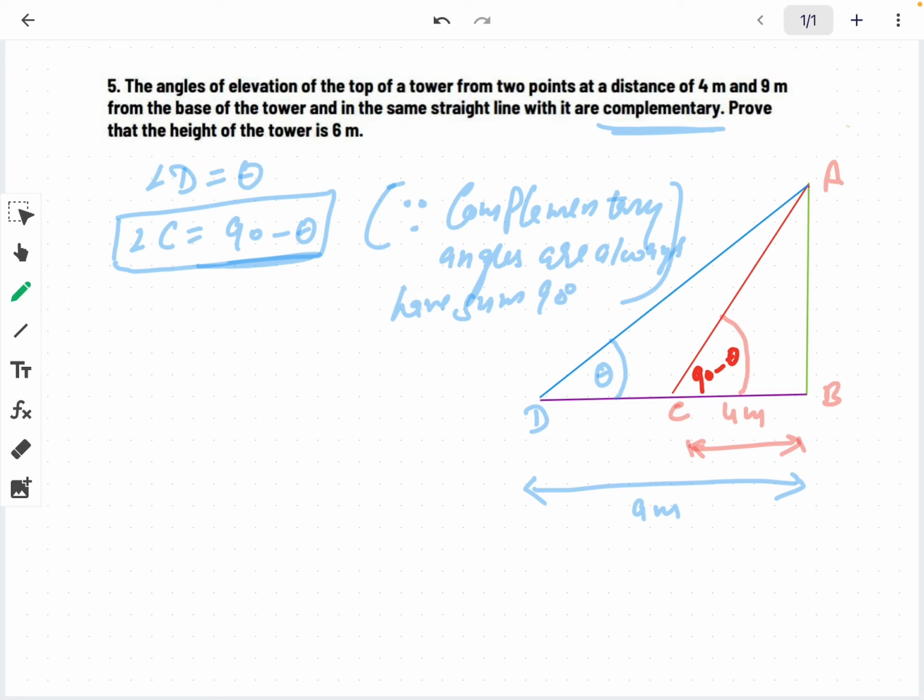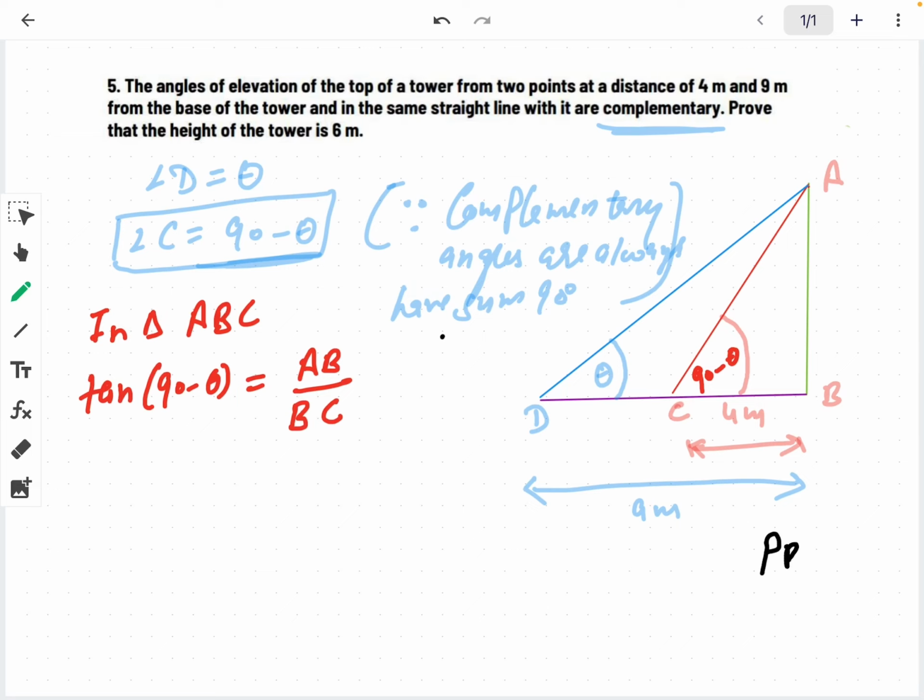So now considering the triangle ABC, we can write tangent of 90 minus theta is equal to AB upon BC, because we have studied in the previous chapter that perpendicular upon base is always a tangent function.